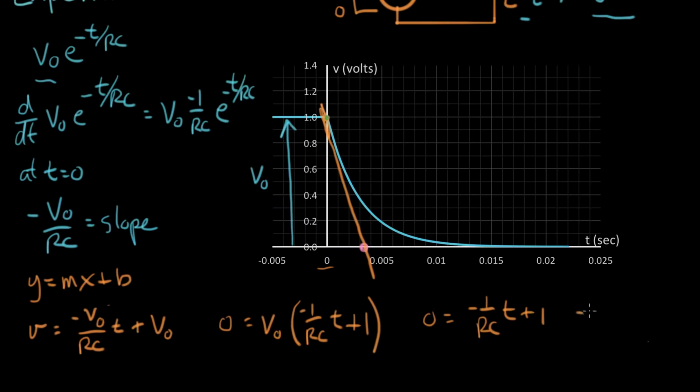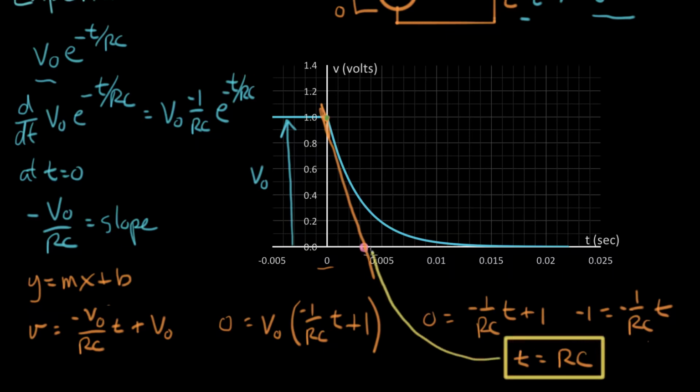One more step: minus 1 equals minus 1 over RC times t. And in the end, we come up with t equals RC. That's how many seconds after the step that this line hits the time axis.